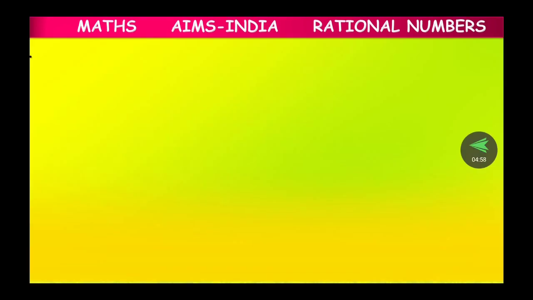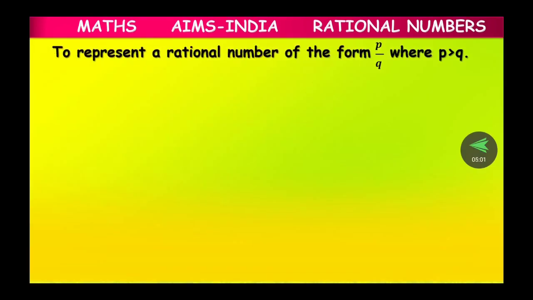Okay, so next, suppose you want to represent a rational number of the form P by Q, where P is greater than Q. If the numerator value is greater than Q, then its value is greater than 1. In that case, how do we represent rational numbers on the number line? In the previous example, the numerator was less, so its value was below 1, and that's why we divided the place between 0 and 1 into equal parts.